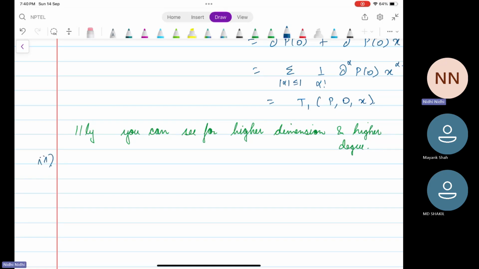Second part, we need to find the expression in terms of T_k p(a)(x). So instead of x to the power alpha, we need something of the form (x minus a) to the power alpha.